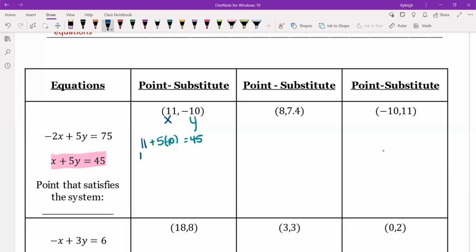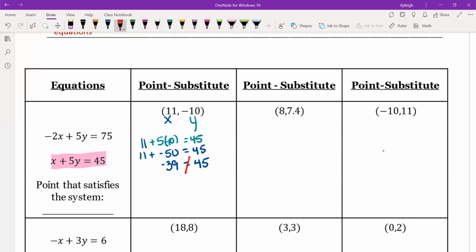So 11 plus -50 is what? -39. Is that equal to 45? No, since those are not equal, then this point does not satisfy.